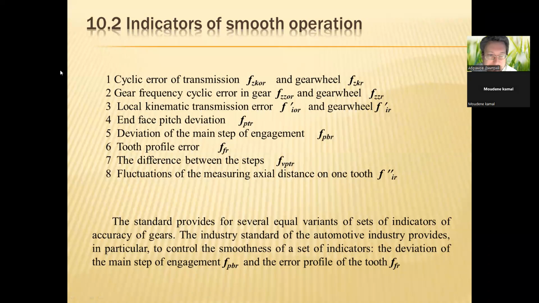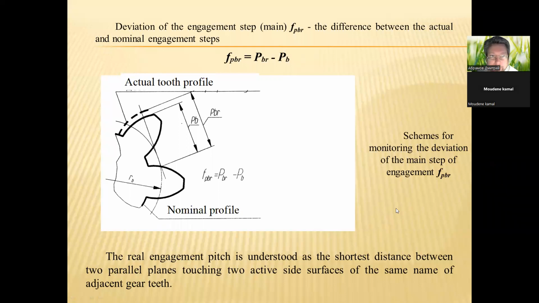Please, Kamal, write down to your notes these parameters. Deviation of the engagement step is the difference between the actual and nominal engagement steps. F suffix PBR is equal PBR minus PB.